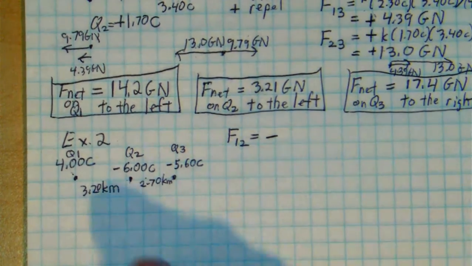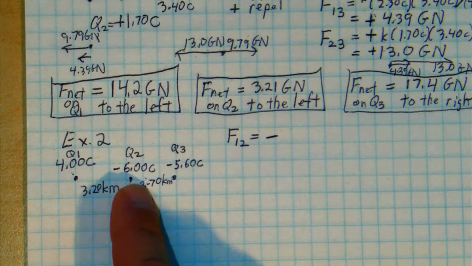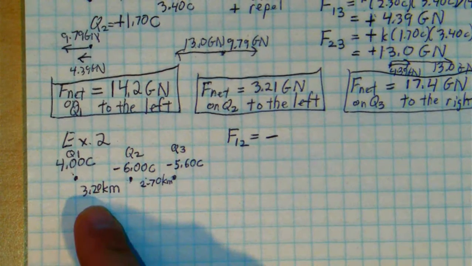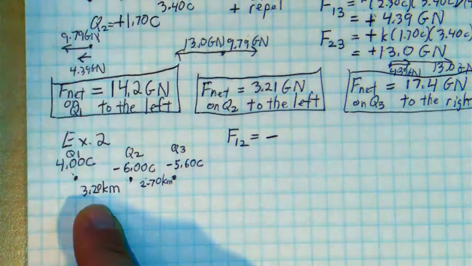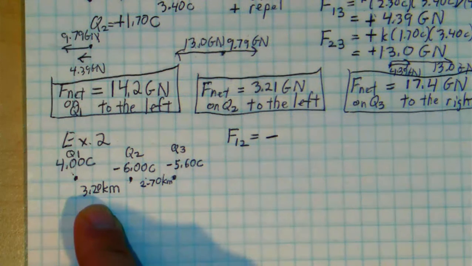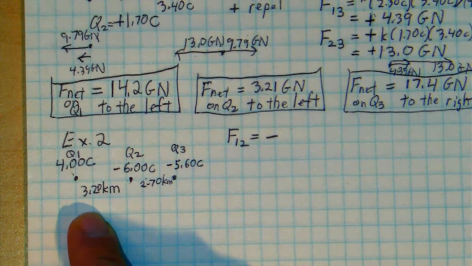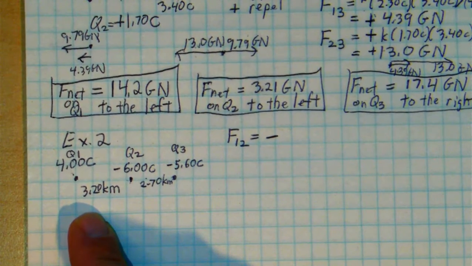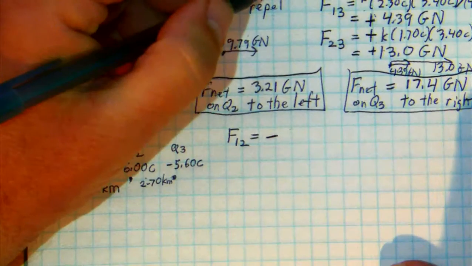Alpha K times 4 times 6, which I know is actually negative, divided by, I have to convert the kilometers to meters, knowing that 1 kilometer is 1,000 meters. 3.20 kilometers is actually 3,200 meters squared.